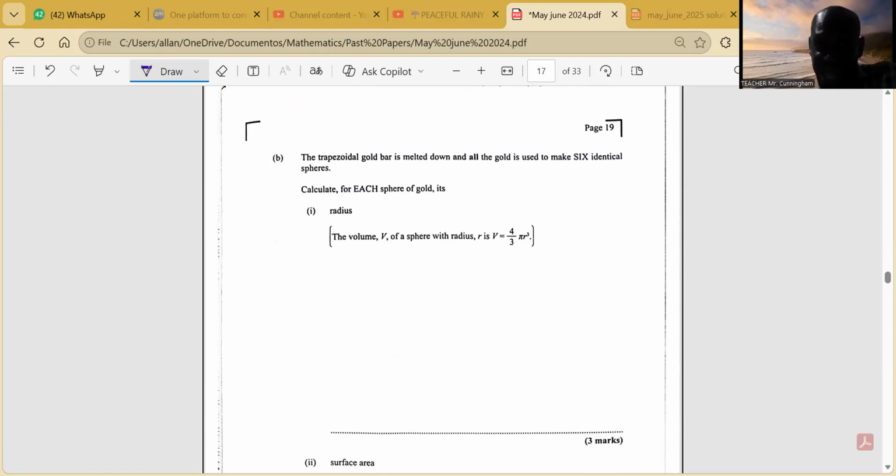So you have three-dimensional things, it has to be a ball.